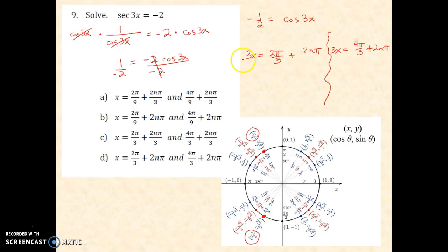And then we need to multiply these all by 1/3. Multiplying everything by 1/3, and I get x equals, let's see, this is going to be 2 pi over 9 plus, when I multiply here, I'm going to get 2n pi over 3.